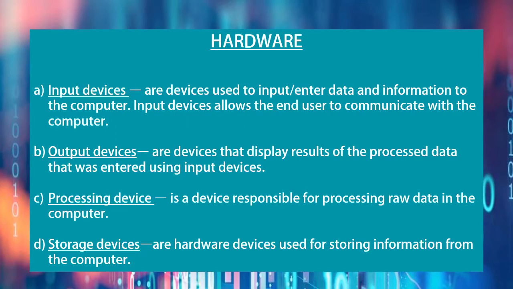Processing device is a device responsible for processing raw data in the computer. And storage devices are hardware devices used for storing information from the computer. We have more examples of them in our succeeding slides.